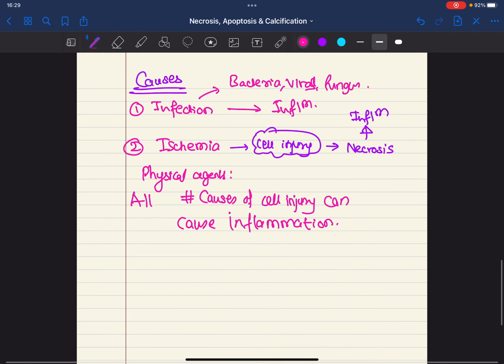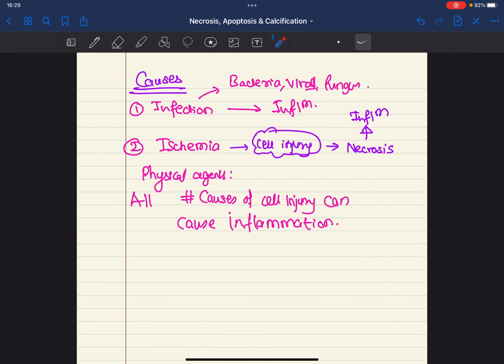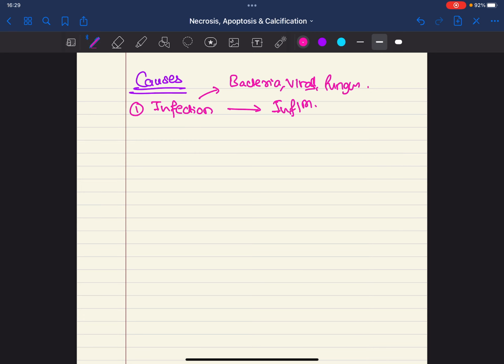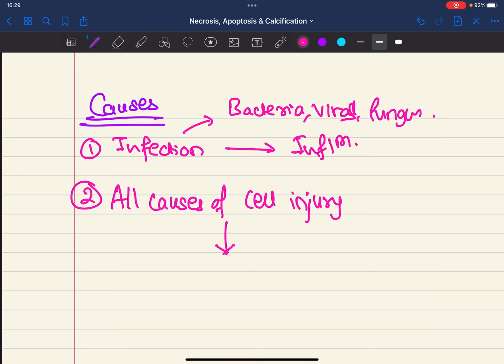Whatever are the causes of cell injury, that will cause necrosis. I'll write it here: all causes of cell injury lead to necrosis.